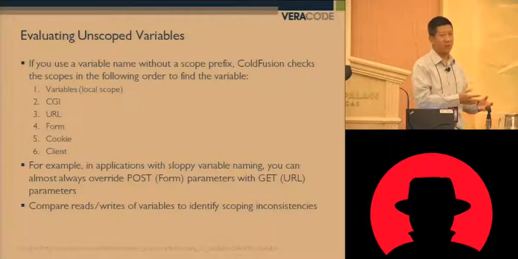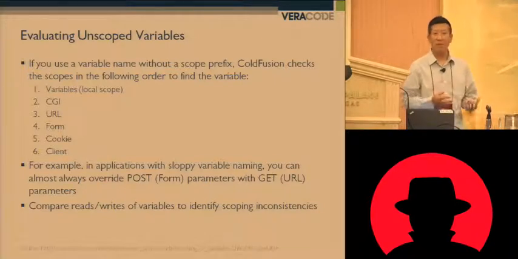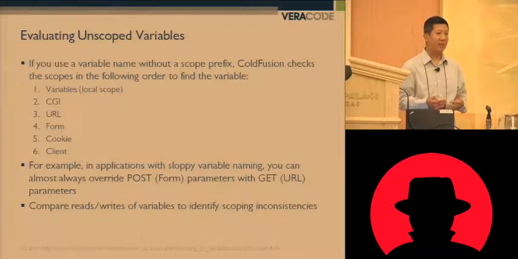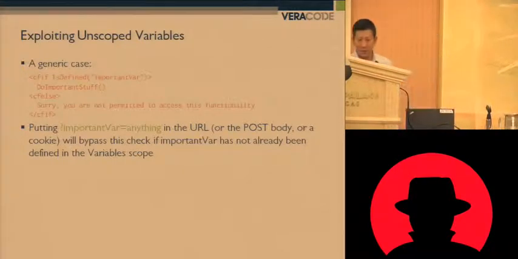So if they set a variable using a scope, and then they read that same variable later without a scope, that's a potential attack point, because they're making an assumption at the point of the read that it's going to be reading only the variable that they set. But in reality, it may actually be reading a different variable that the user can control. We have a few examples of that coming up.